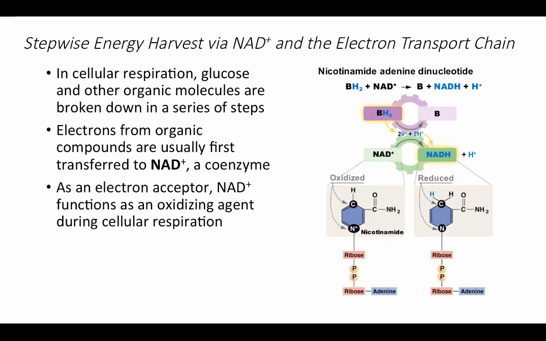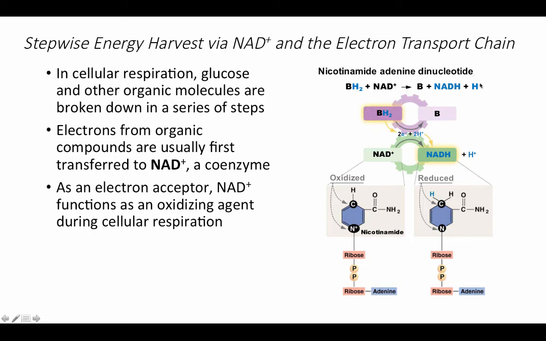So here is the reaction that it undergoes. Here we have some sort of biological molecule with some hydrogen atoms attached to it, protons and electrons, that are going to be transferred over to NAD+, 2 electrons plus 1 proton.